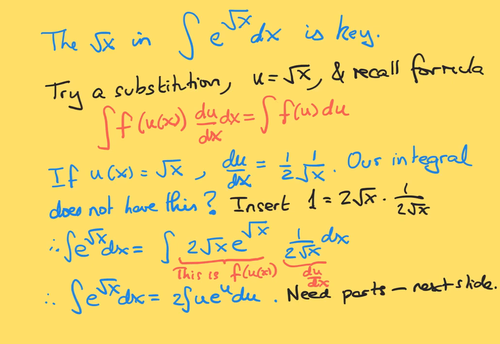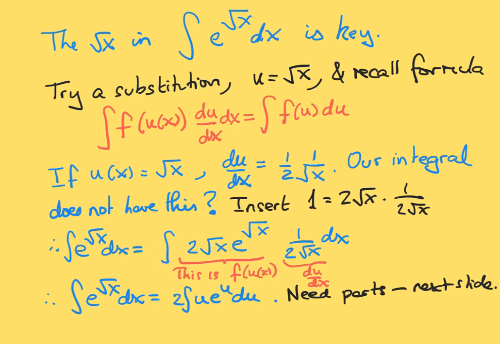Okay, so we've inserted a factor of 1, and this is our new function. The reason why we should now be very happy is that this function can be written very easily in terms of u, because the square root of x here is u of x, and then we have e to the u. So from this formula, our integral is equal to, well, there's a factor of 2 here. I'm going to pull it outside of the integral just to make it look a little bit less intimidating.